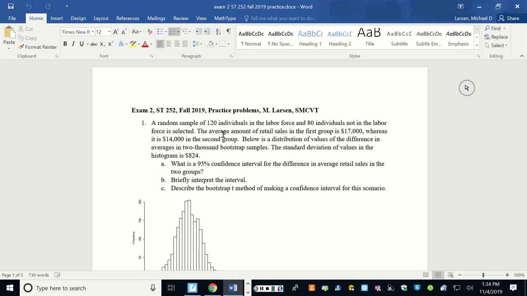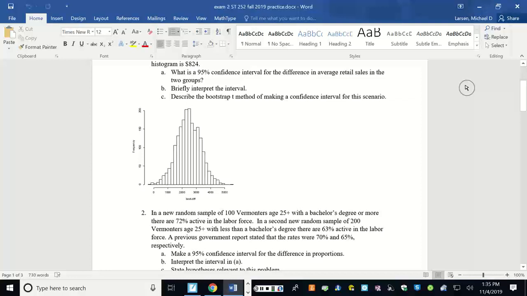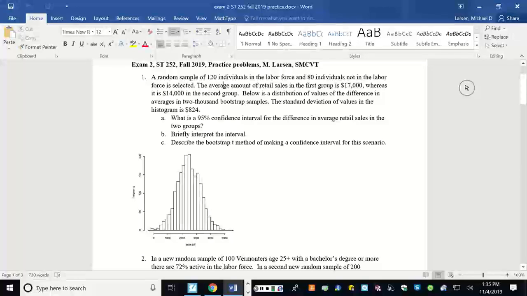The average retail sales in the first group is 17,000, whereas 14,000 in the second group. It's bootstrapped 2,000 times, and given this interval, what is a 95% confidence interval for the difference based on these groups? How would you go about it?